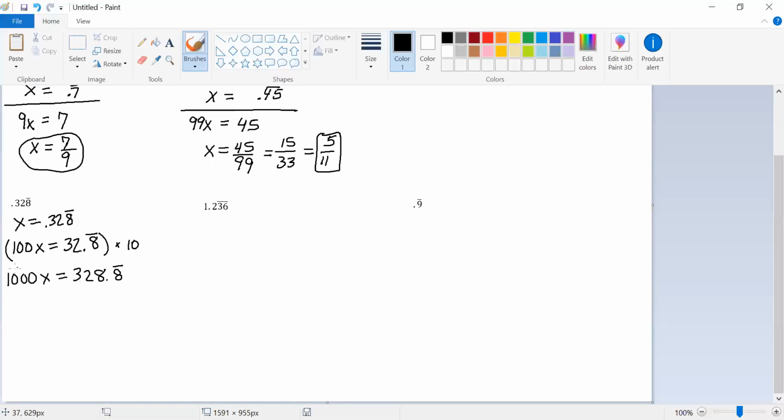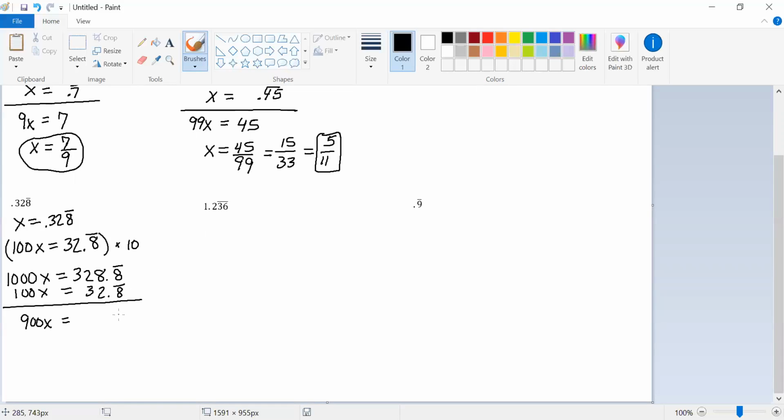I'm going to subtract the previous line, the 100x, 32.8 repeating. Again, make sure you line up your decimals when you subtract. So 1000 minus 100 is 900. And then 328 minus 32, because what's going to happen with the 0.8s is they are going to give me 0 again.